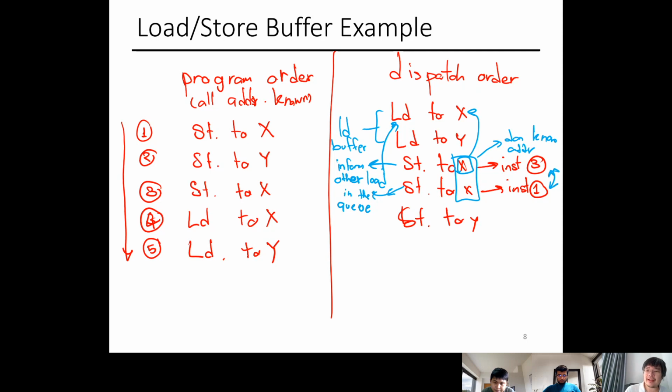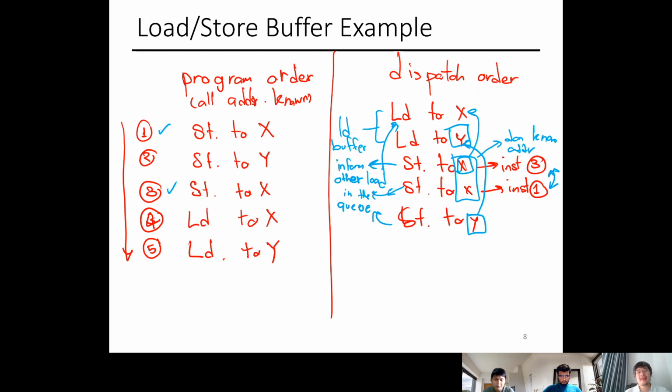Say, hey, who is going to commit what instruction when? And it needs to make sure that the first store happened after the second store, because the program order is 1 followed by 3, right? And then when the store to Y happens, again, you inform the load in the queue so that you can forward Y into this Y, right?